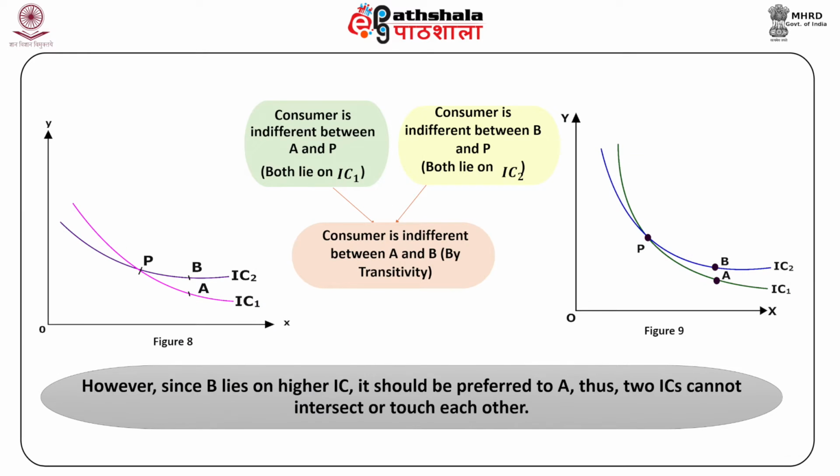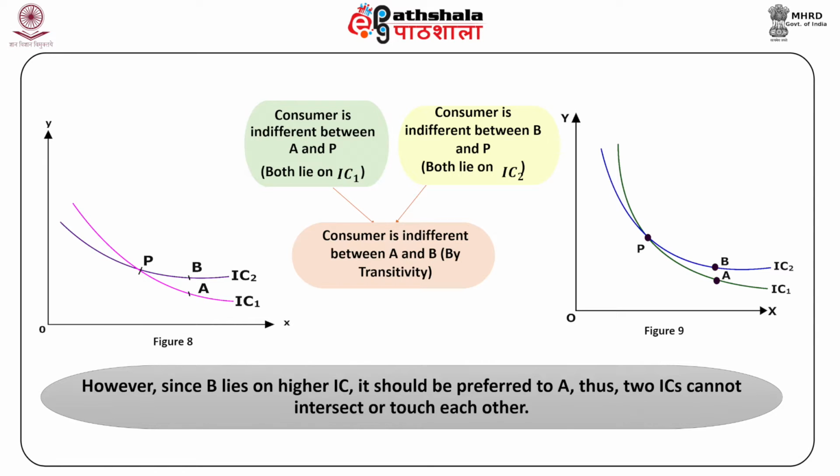The third property: two indifference curves cannot intersect or touch each other. Intersection of two indifference curves representing two different levels of satisfaction is not possible. This property follows from the assumptions of transitivity and non-satiation of preferences.